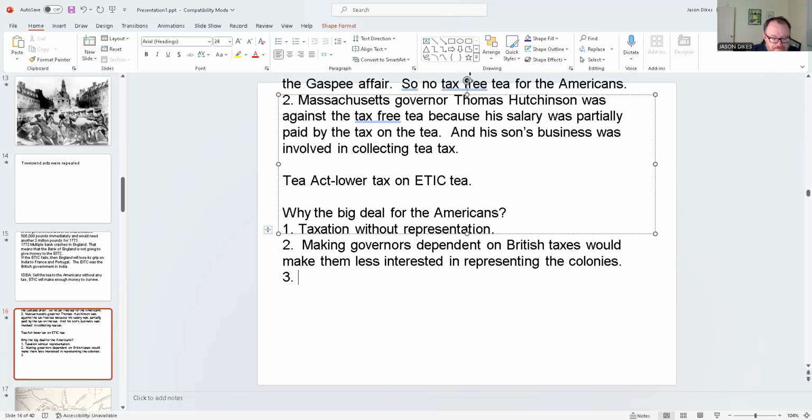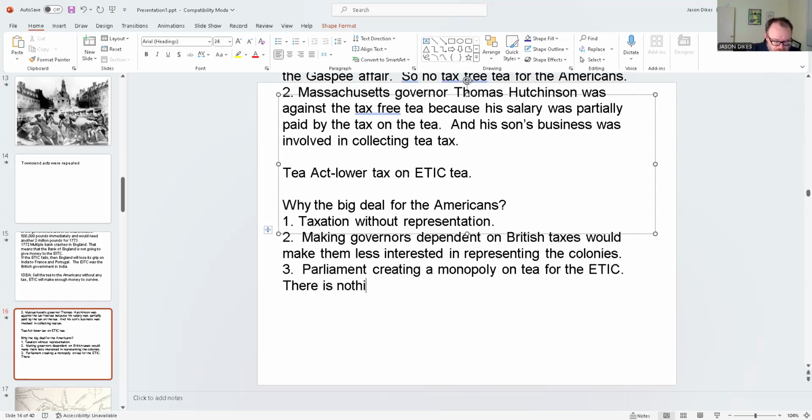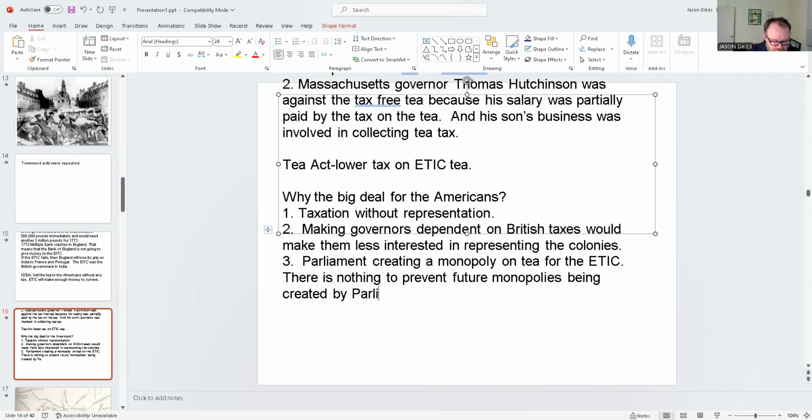And then third, basically this is Parliament creating a monopoly on tea for the EITC. And there is nothing to prevent future monopolies being created by Parliament.